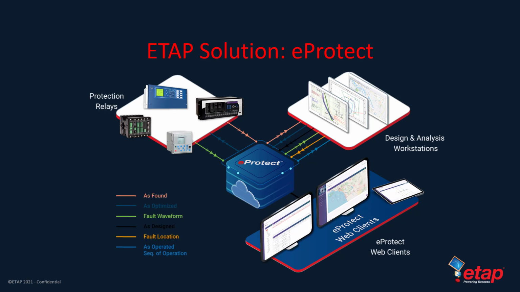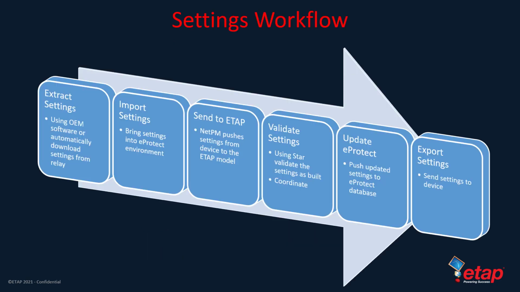And you have your eProtect web clients, where you can visualize and see and extract the settings from the relays themselves. eProtect has, as I mentioned before, a robust settings workflow, which is all managed through our switch order management solution, where the settings can be extracted, imported into eProtect, sent to ETAP, validated, then updated once you've validated and updated the settings, updated back to eProtect, and then you can export those settings back to the relay.